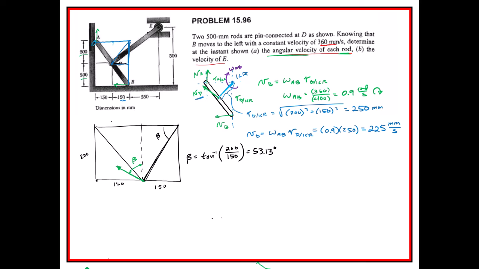So what we really want to be able to do, all right, I'll just use green. We want that angle right there, which is going to be 90 minus 53.13, or a very common one to see, 36.87. We see that often with the 3, 4, 5 triangle.